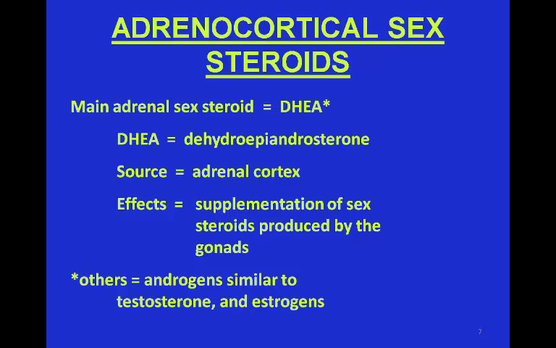Other sex steroids from the adrenal cortex are mainly androgens, similar to testosterone, but certain estrogens are also produced by the adrenal cortex.